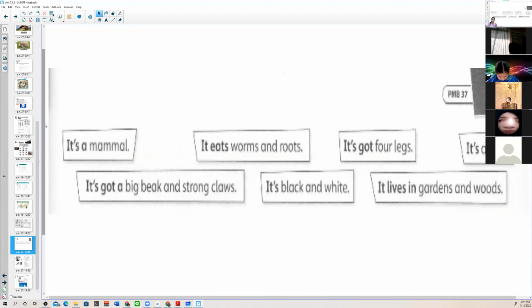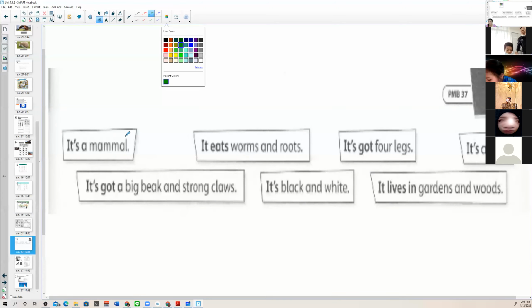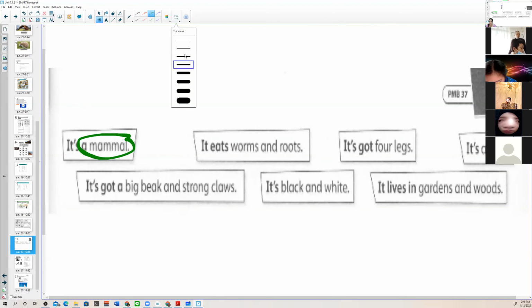On the top of the page, you will see what on screen, right? This is a simple explanation about the animal's features, right? For the first one, it says it's a mammal, right? What does mammal mean?